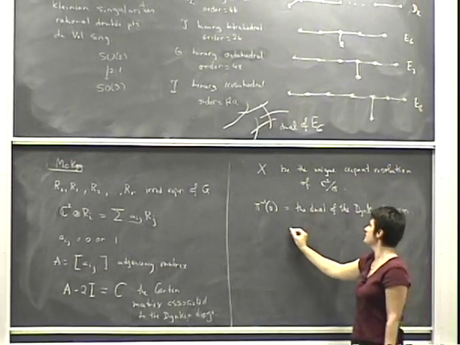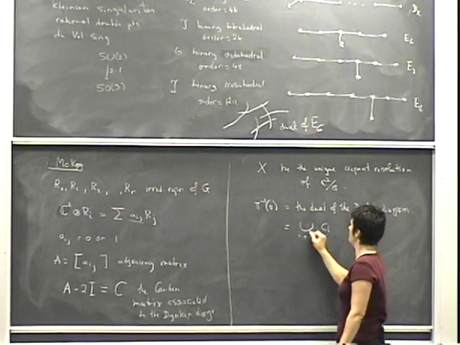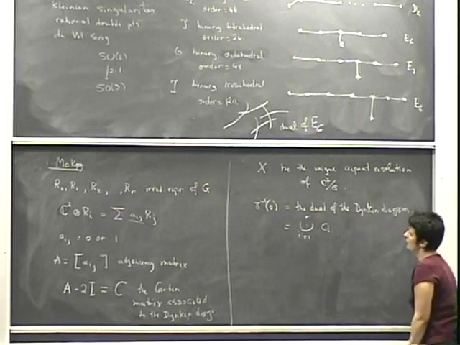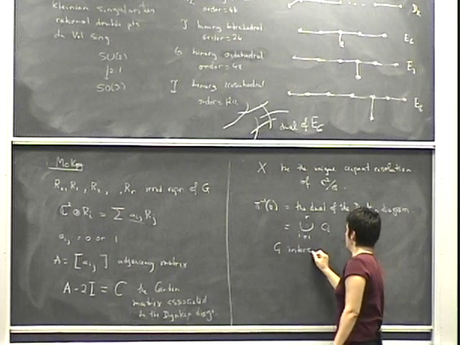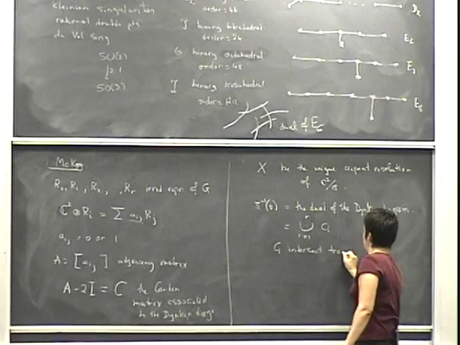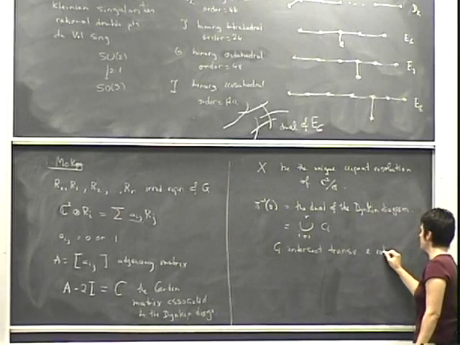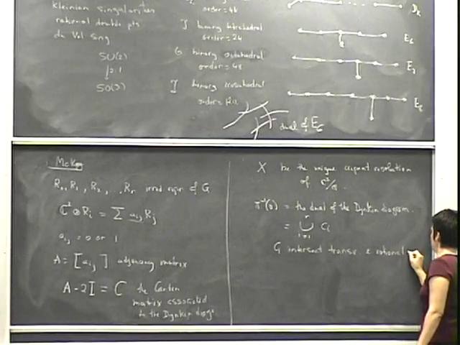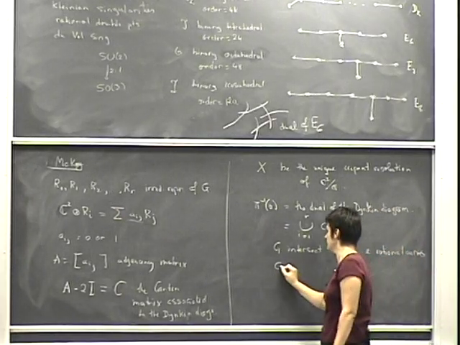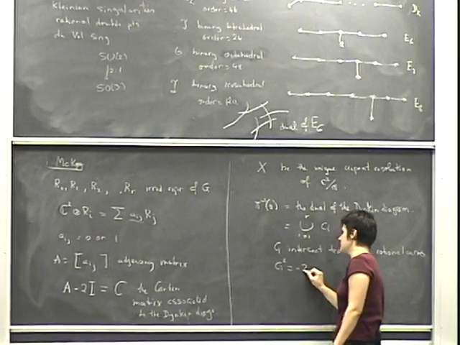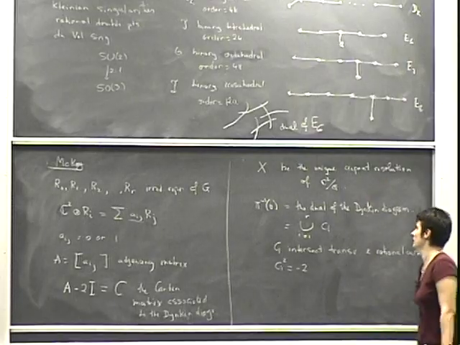So the exceptional divisor is a union of C_i, i from 1 to r, which intersect transversally and are rational curves. Their self-intersection turns out to be -2 because of this condition to be Crepant.